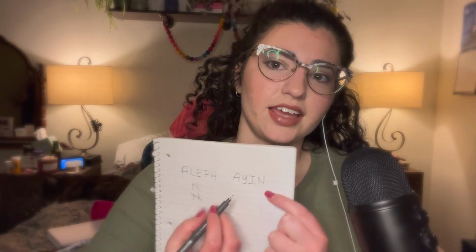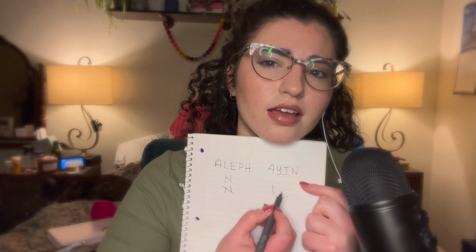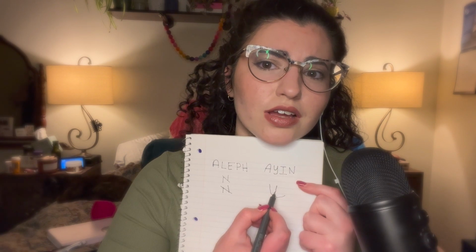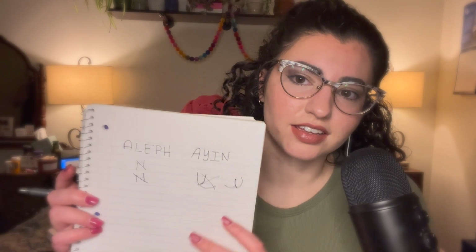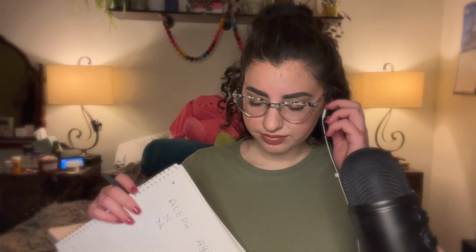This is how you spell Ayin, and Ayin kind of looks like a Y. Oh gosh, I can't see. Totally wrote that backwards. Let me try it again. Darn. Ayin can look like that. There are a lot of different ways to write it.